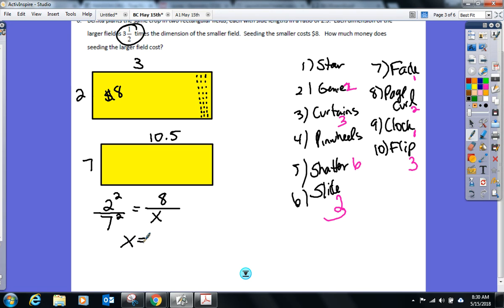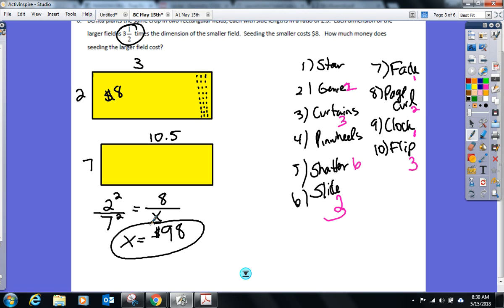It's going to cost a little more than that, I believe. And how much does it cost to seed the big field? $98. Okay, when you're working with area, you have to square the sides. All right, you have to square the corresponding sides. Questions? All right, let's go.